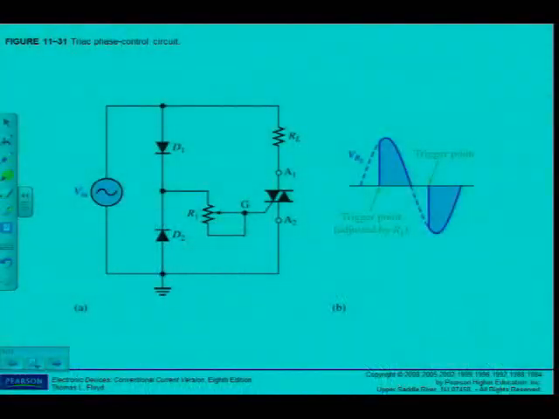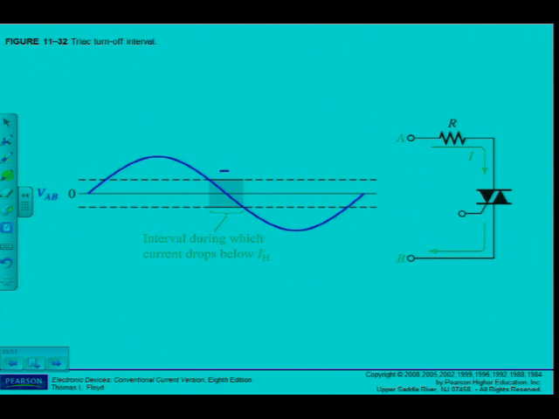Now as we've seen here, with the diodes D1 and D2 for the positive and negative alternation, and G, I determine where my device will switch on. But as I've just read, and I can see in the following figure, between those two positive and negative alternations, of course the current drops below the holding current, and the device switches off.